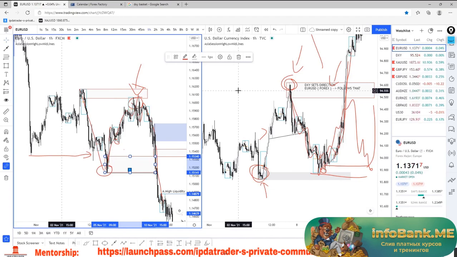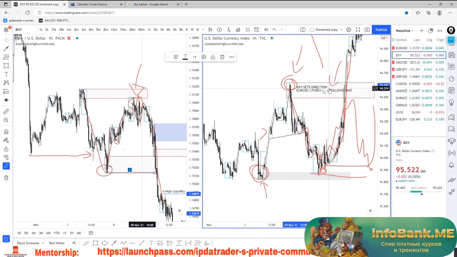So understand that the DXY tends to do what the Euro USD will eventually do, but faster, just in the opposite direction. The DXY is more likely to hit this block faster than the Euro USD will ever do it, because it tends to move quicker.